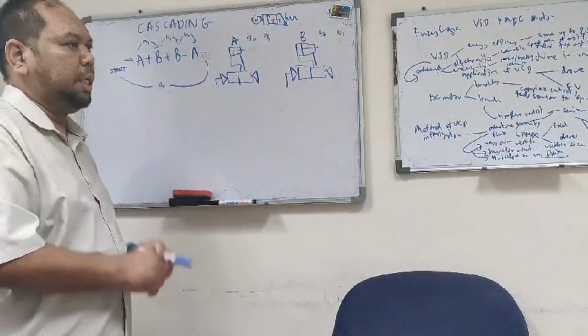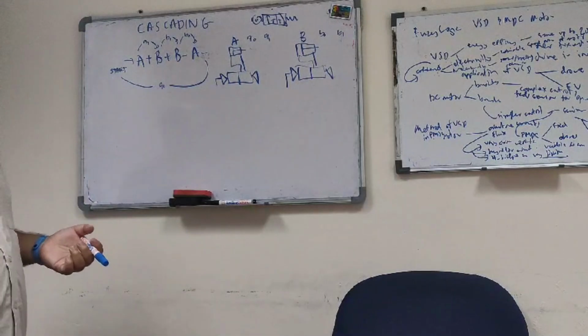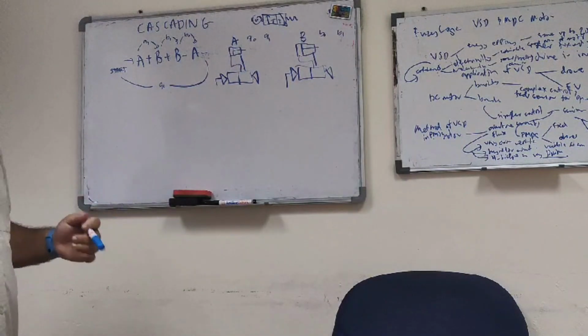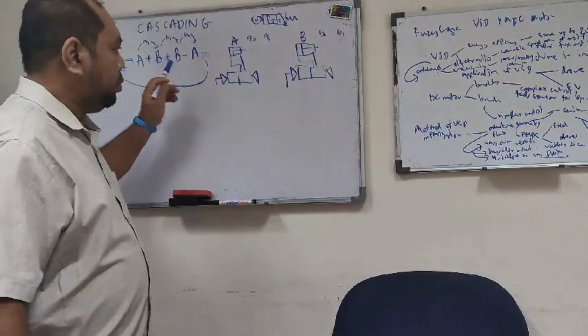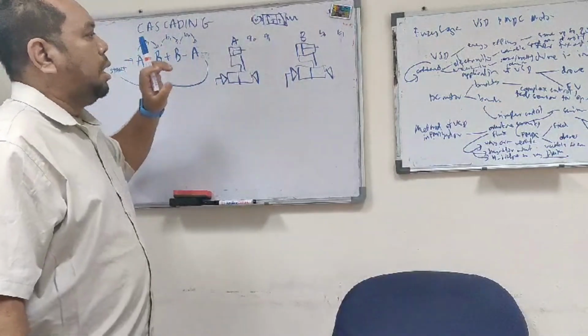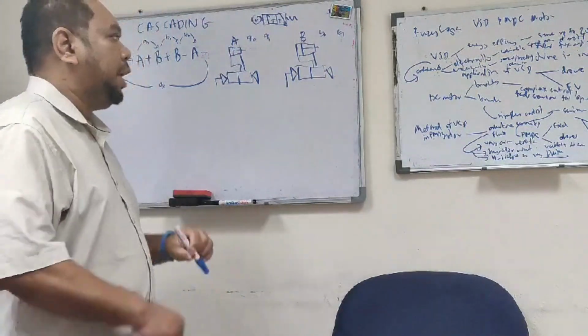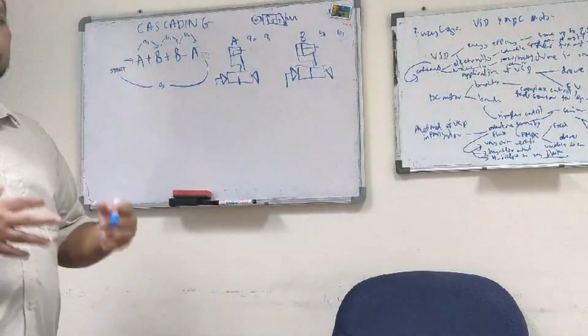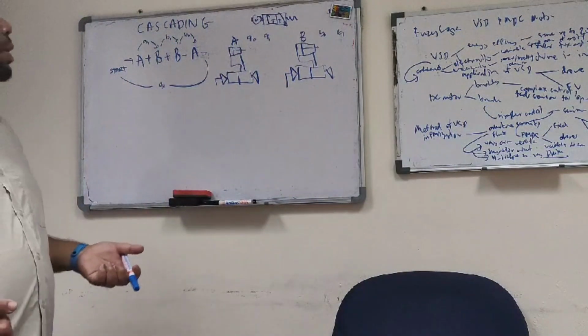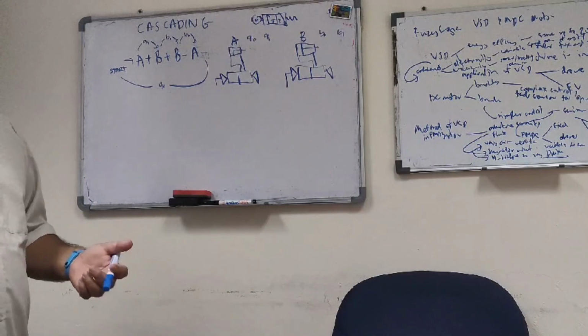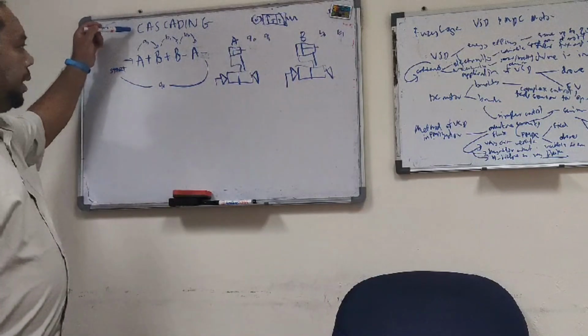The third step is to check whether, when you start the cycle, there is overlapping or not. If there is an overlap, then we need another method, one of which is the cascading method.